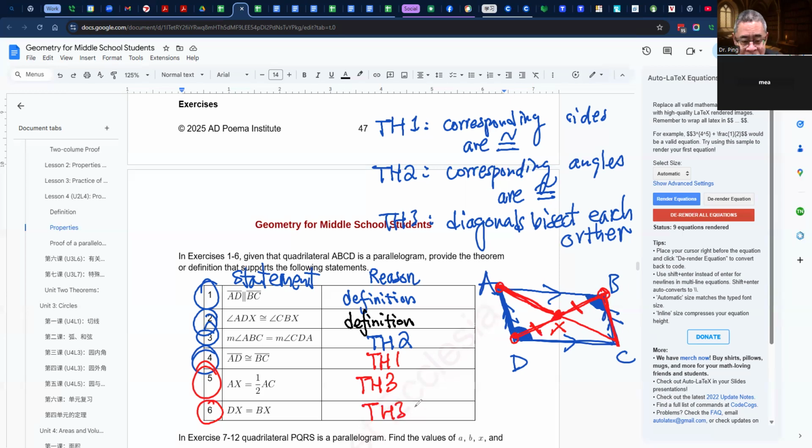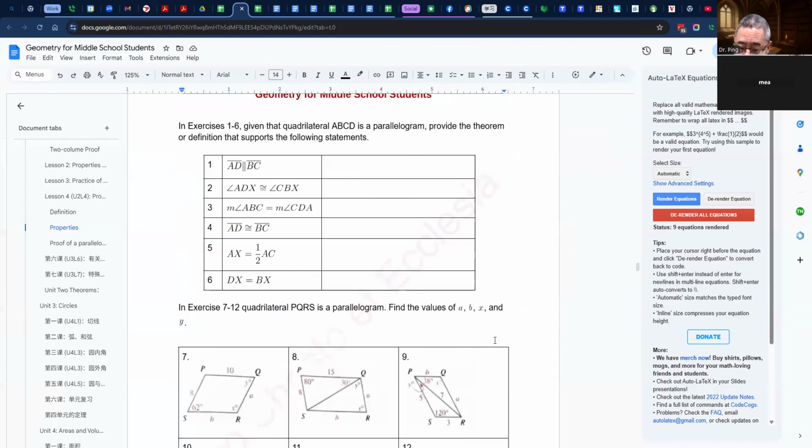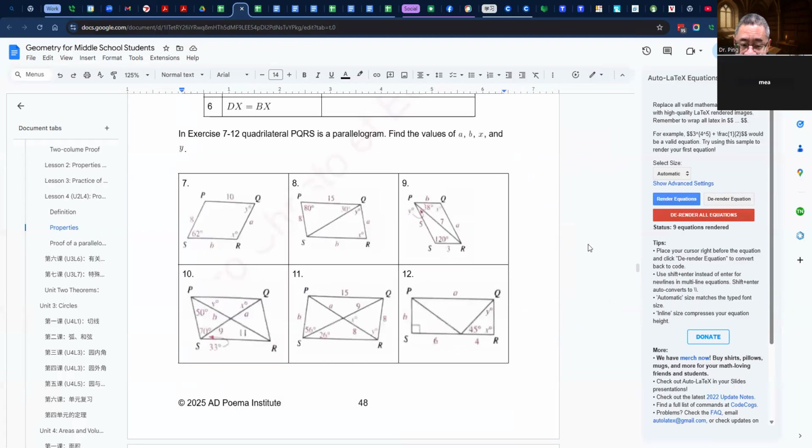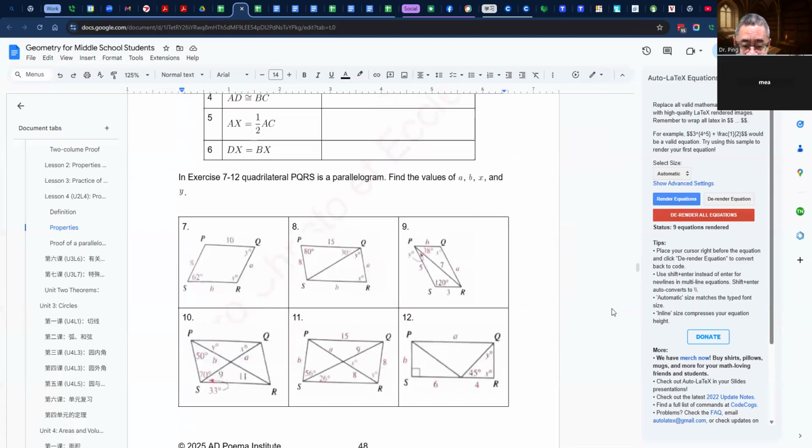Okay, so now we're going to do some calculation based on the property. Number 7, we're going to find the value of a, b, x, and y. We know this is 10, this is 8.